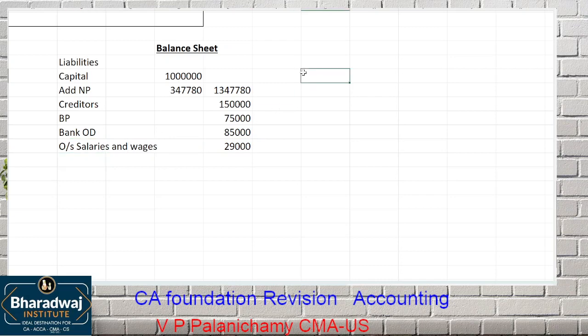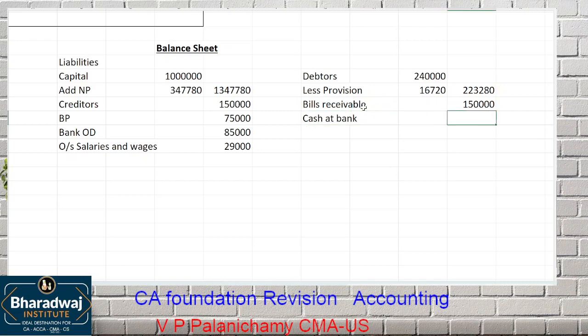Then, asset side. Debtors 2,40,000 minus less provision. Provision how much? 16,000 720. 2,23,000. Then bills receivable 1,40,000. Then office furniture minus depreciation.